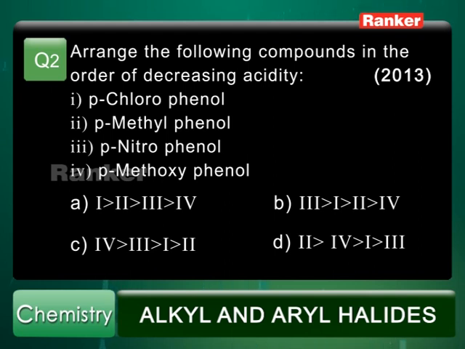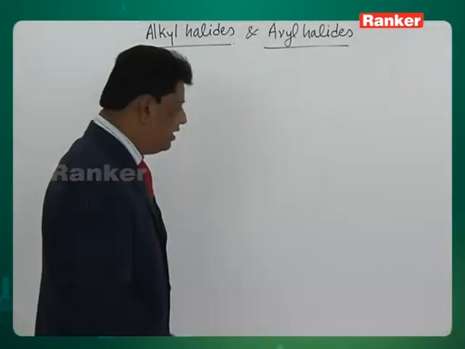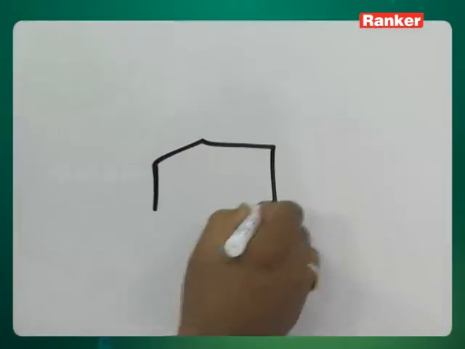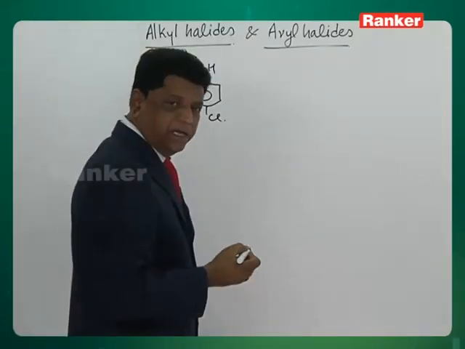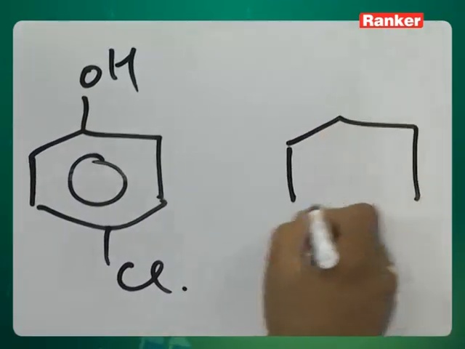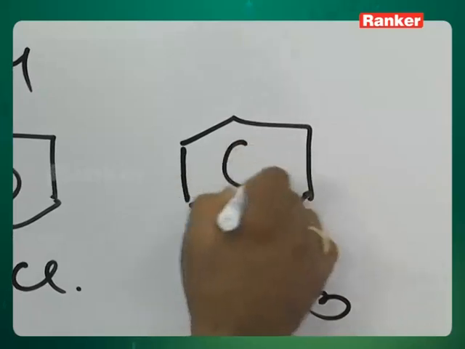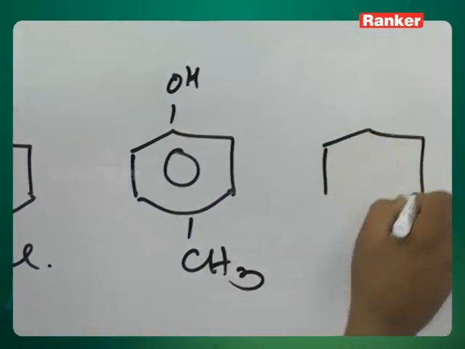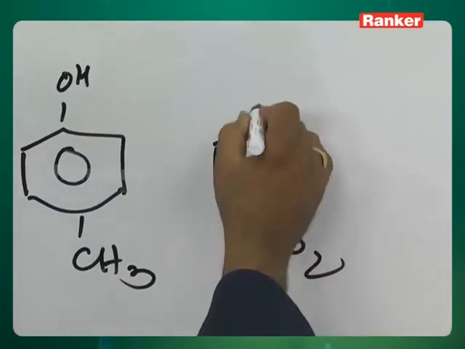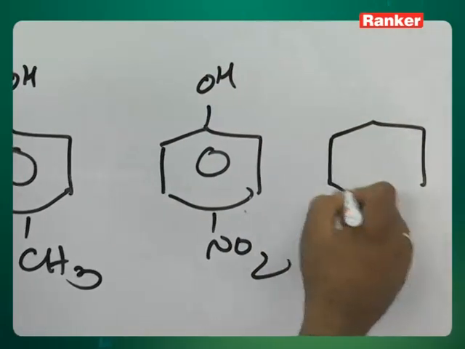This is also a latest question, from 2013. The compounds are: 1, parachlorophenol; 2, paramethylphenol; 3, paranitrophenol; and 4, paramethoxyphenol. These are the four compounds given.